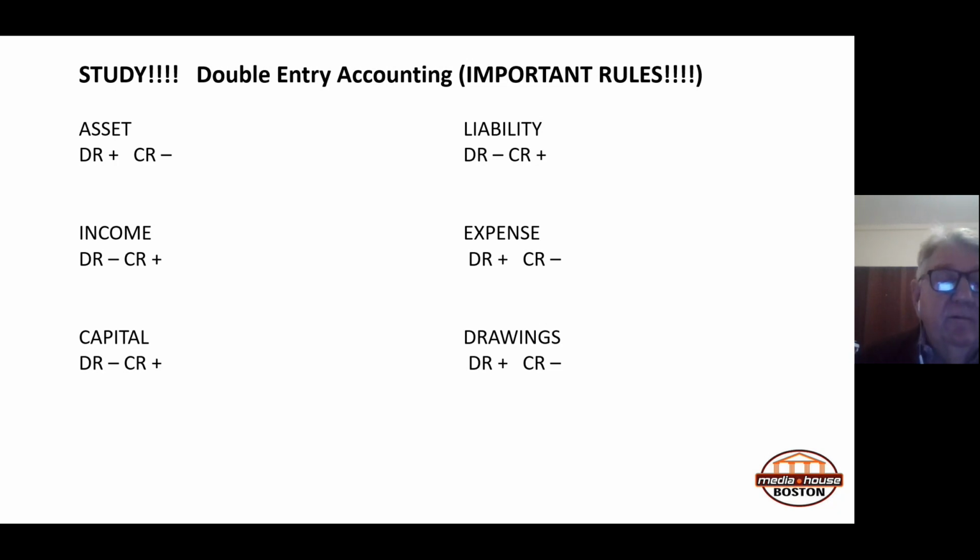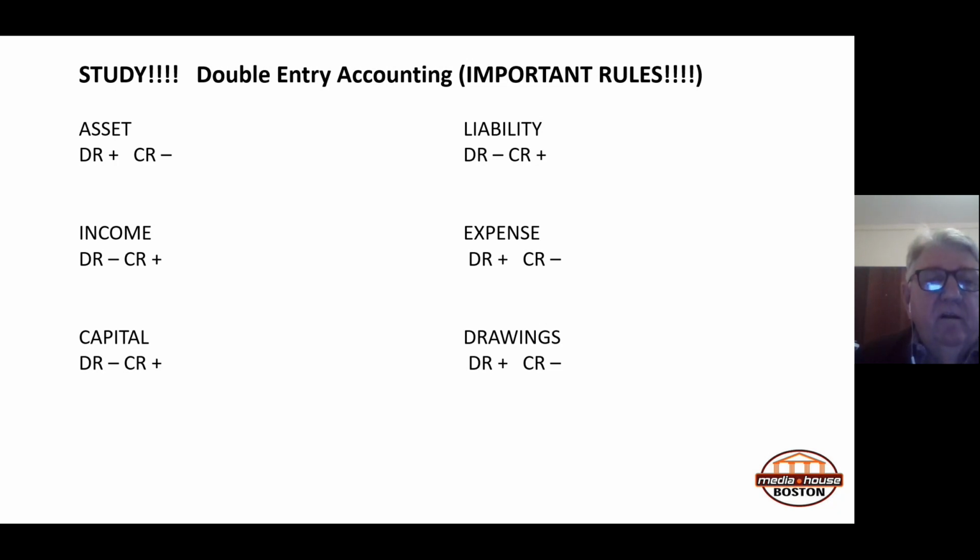Let's look at the next one. If we look at income, it works the other way. If we debit it, it decreases, and if we credit it, it increases. So let us assume there's my sales account. It is an income.